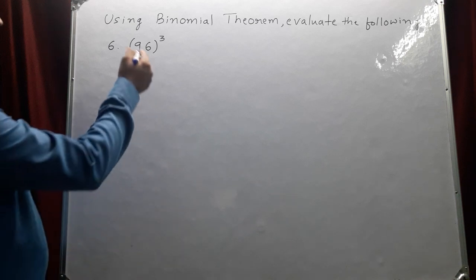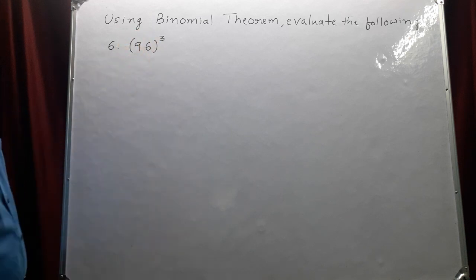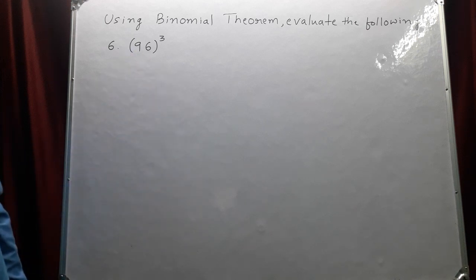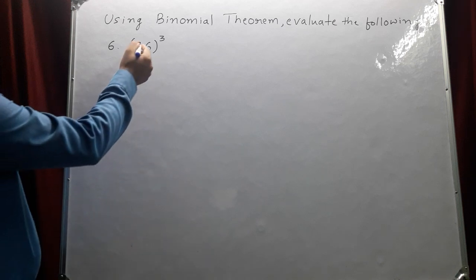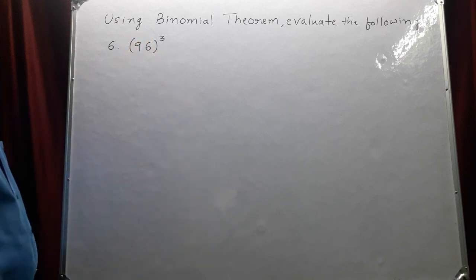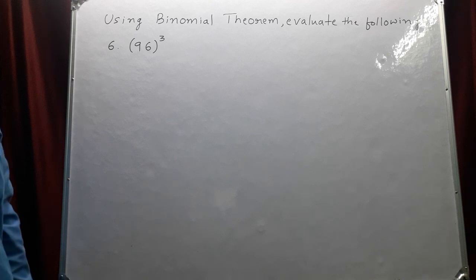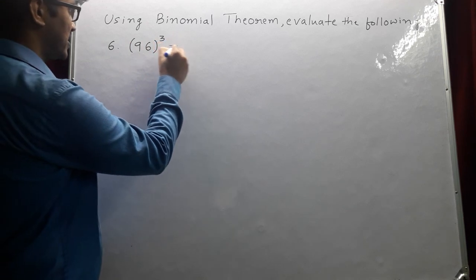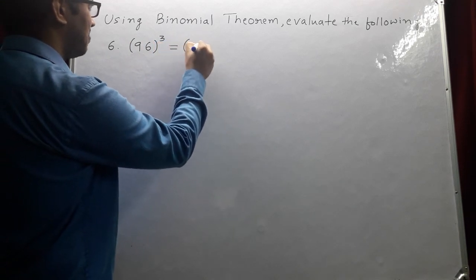Here what we are going to do is convert this number 96 into a sum or difference of two numbers whose powers are easier to calculate. 96 is nearer to 100, and we know that powers of 100 are easier to calculate. So 96 I can write as 100 minus 4.